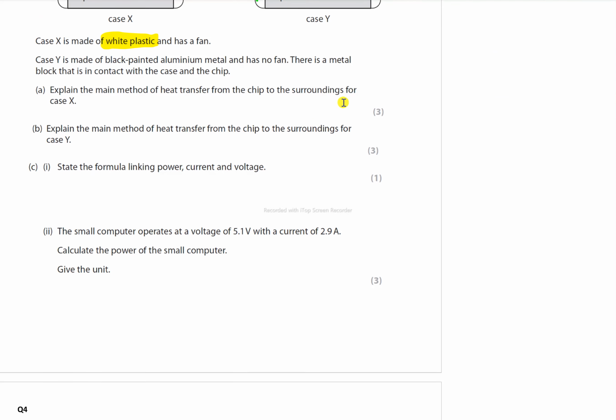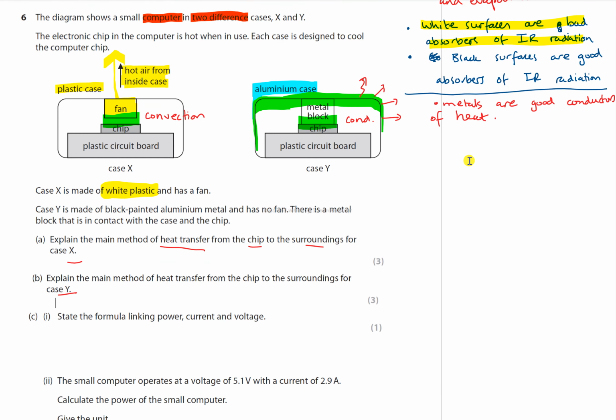Right. Explain the main method of heat transfer from the chip to the surroundings for case X, and B is part of Y. So we've just explained that. We need to now put that into words.